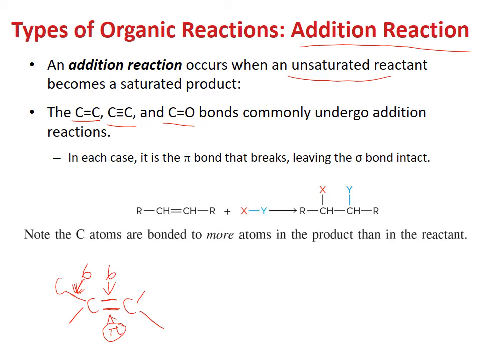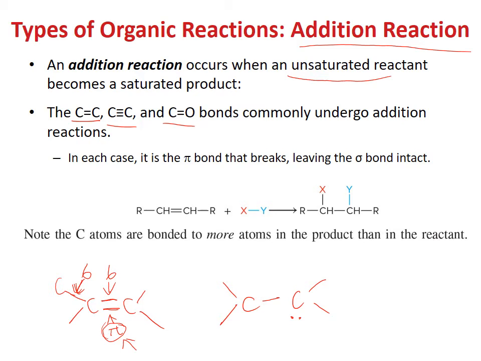So during the reaction, it is this pi bond that can break. Remember, each bond is formed by two electrons shared between two carbons. So when this pi bond breaks, let's draw again. The two electrons may go to one of the carbons, and the other one has no electron.